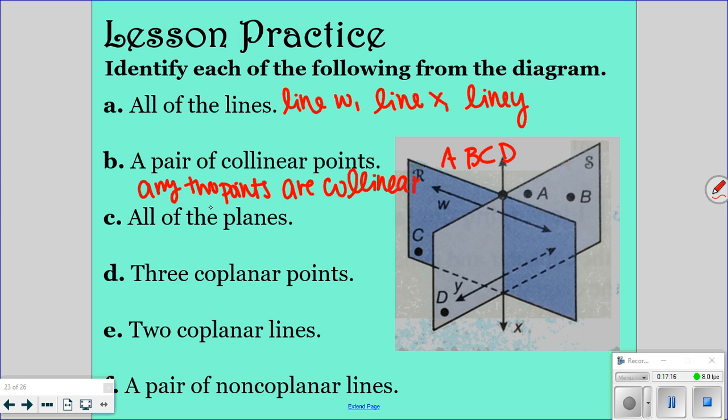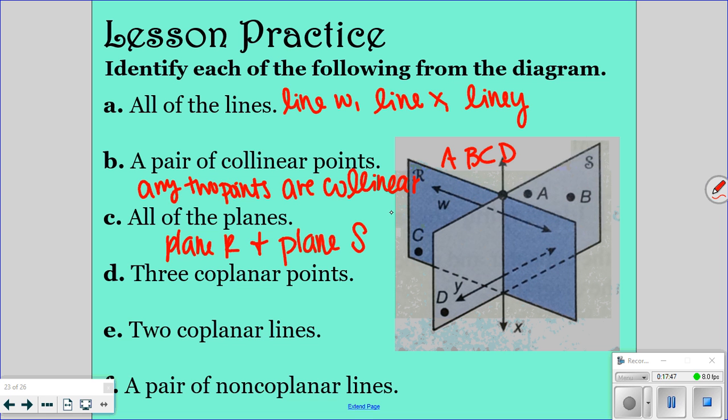All of the planes. There are 2 planes. We have plane R, and we have plane S. So those are the 2 planes that we have. Now it says 3 coplanar points. For this one, if you look, we have 4 points, A, B, C, and D. Point C is the only one that is on plane R, so it's not coplanar with the other ones.